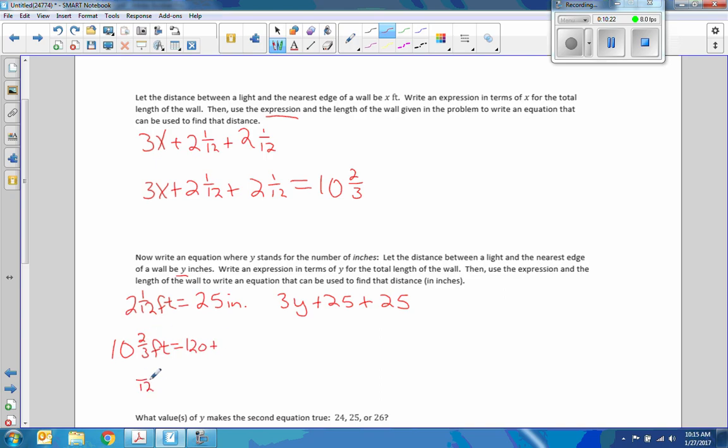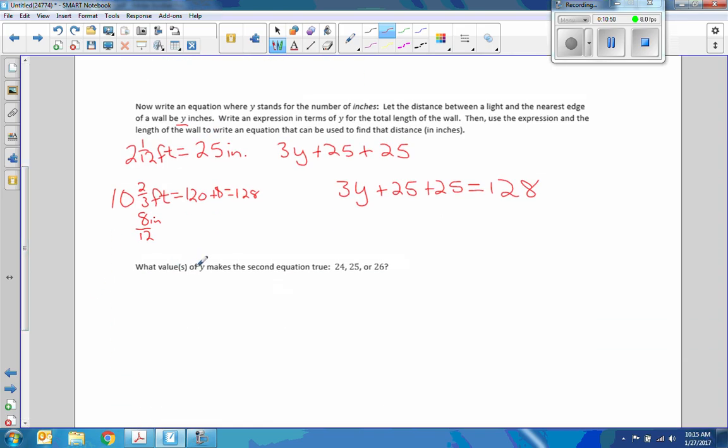If I change this to 12, multiplied by 4, that's 8/12, or 8 inches per foot. So it's plus 8. So it's 120 plus 8 equals 128. So I want to take my expression in terms of inches, equal to the total inches.